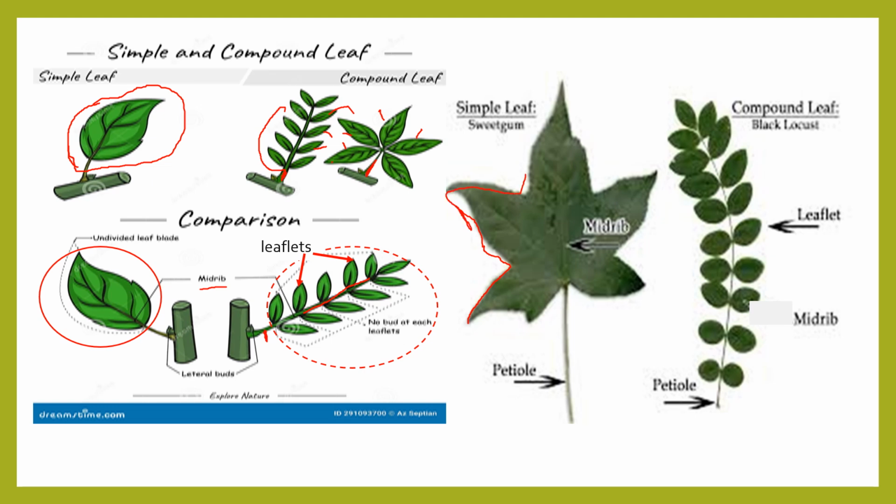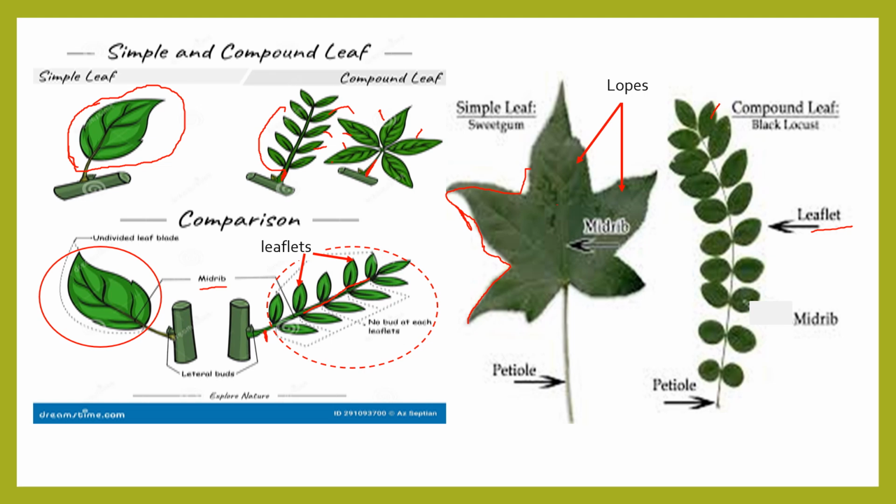These parts are called lobes. But if the blade is divided completely like this one on your right, these are called leaflets.